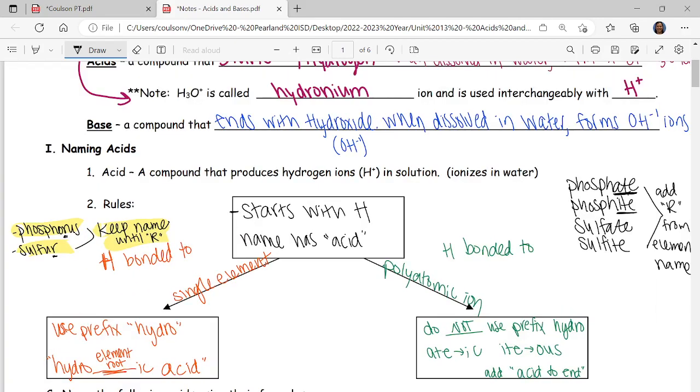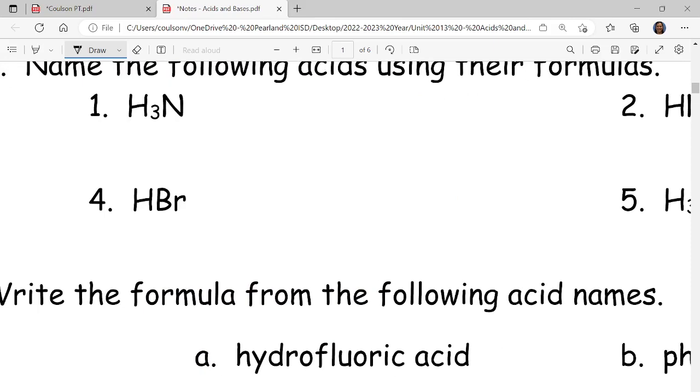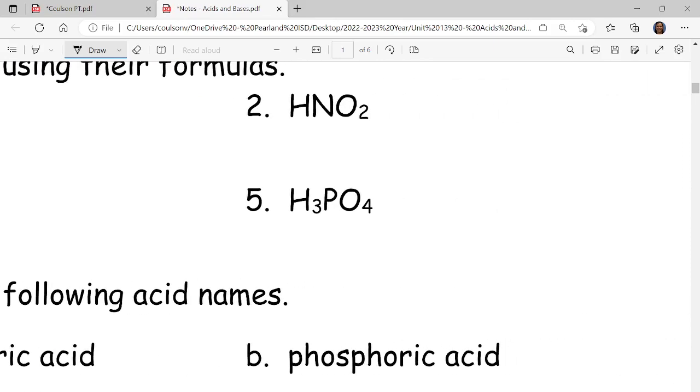So I'm going to give you a minute to practice anything in this section. So for part C, you're going to tell me the names of each of these, and then you're going to write the formulas for each of these. Don't forget that when you're writing not the name, but the formula, don't forget to crisscross.